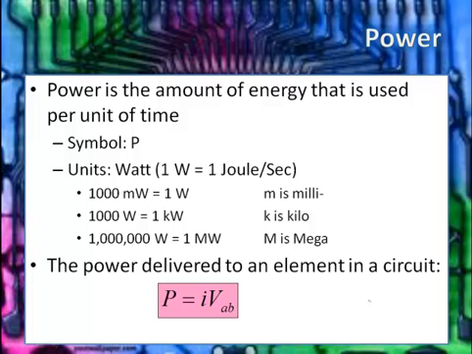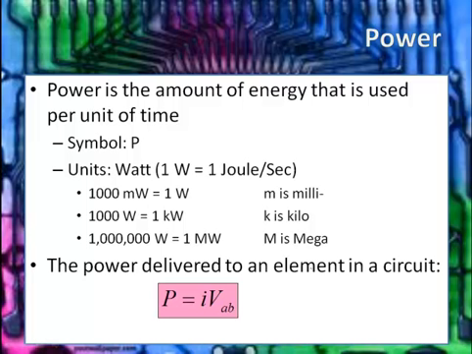Other things might use watts, like a light bulb, 60 watts or 100 watts. And certainly you could use kilowatts or even megawatts of power at times. Although I can't think of anything in my house that uses a megawatt of power, they come in all sorts of different ranges.